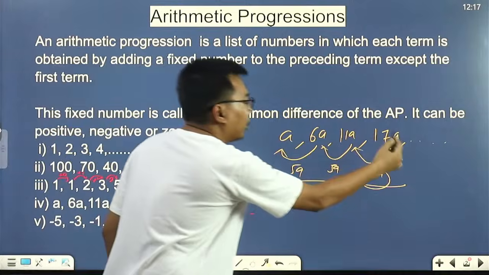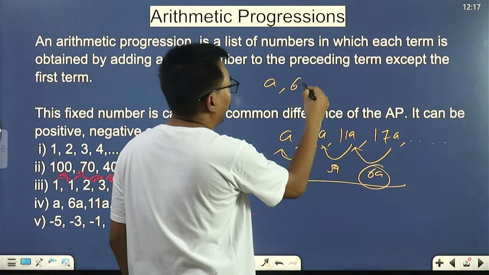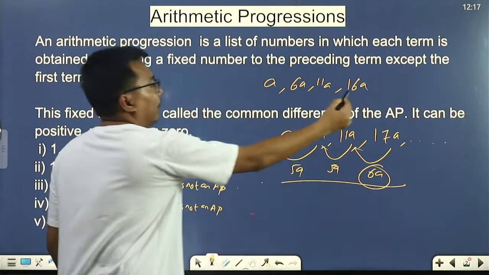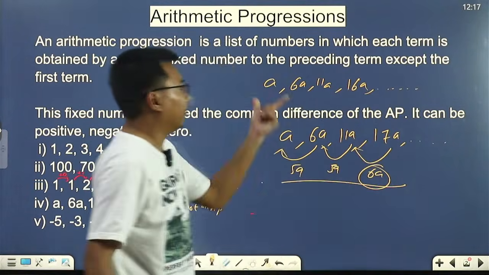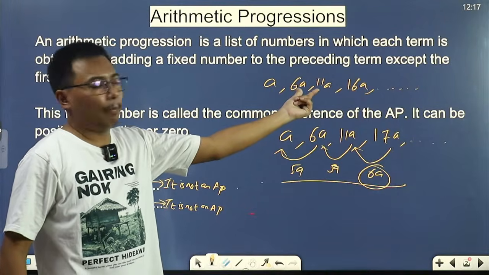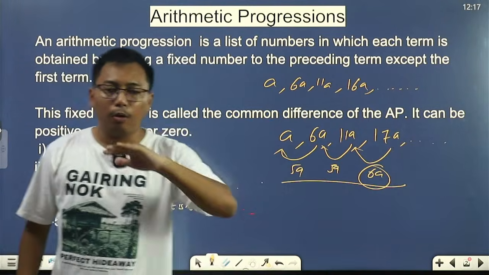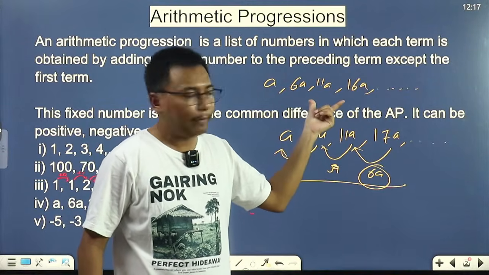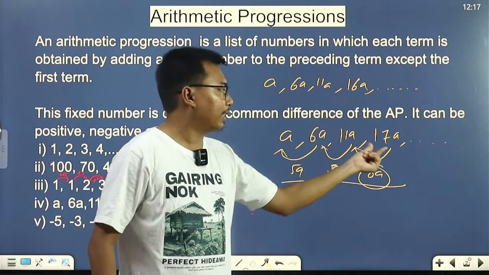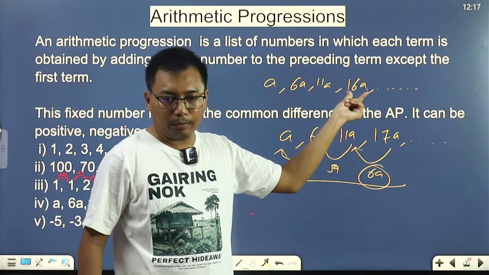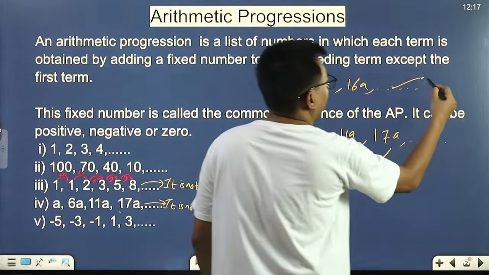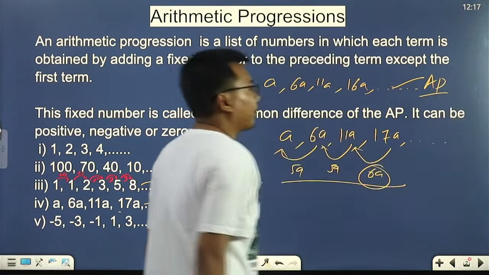But in place of 17, if it was 16A, the differences would have been the same. 5A, the difference here, 5A, the difference here, 5A. So they would have a common difference that time, right? In place of 17, if it was 16, the common difference would be there. So it means this would be an AP.